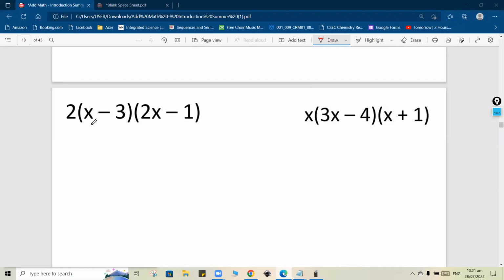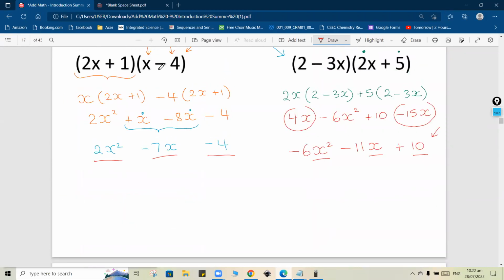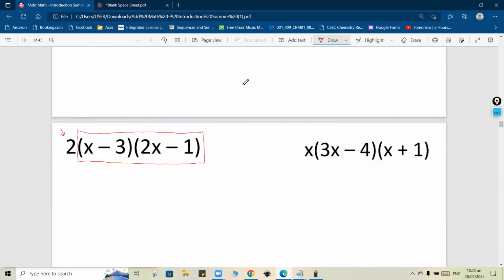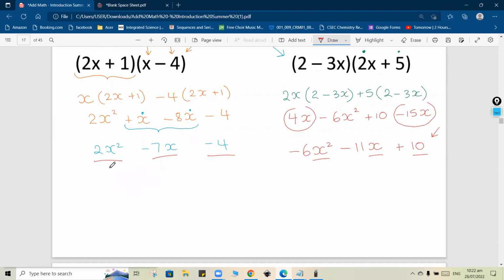To do this question, don't let this 2 bug you. There are about 3 different ways to do this question, but here's my advice. You see this part first, the 2 brackets, work that out first. Work it like these regular boring questions. So you expand the 2 brackets, simplify it as much as possible. Most likely you're going to end up with 1, 2, 3 answers.